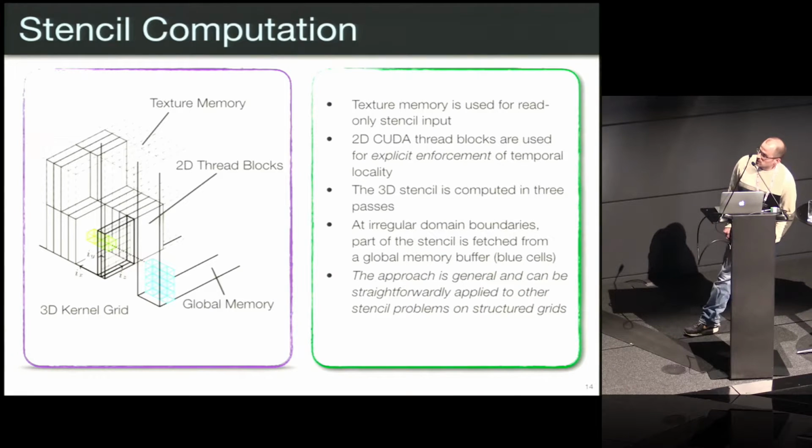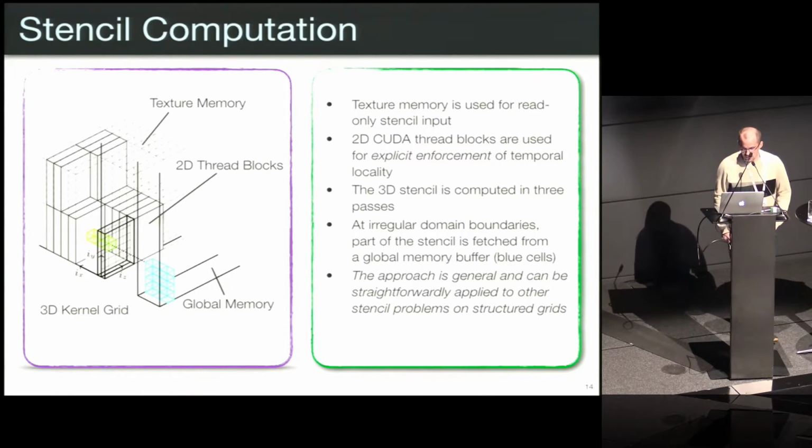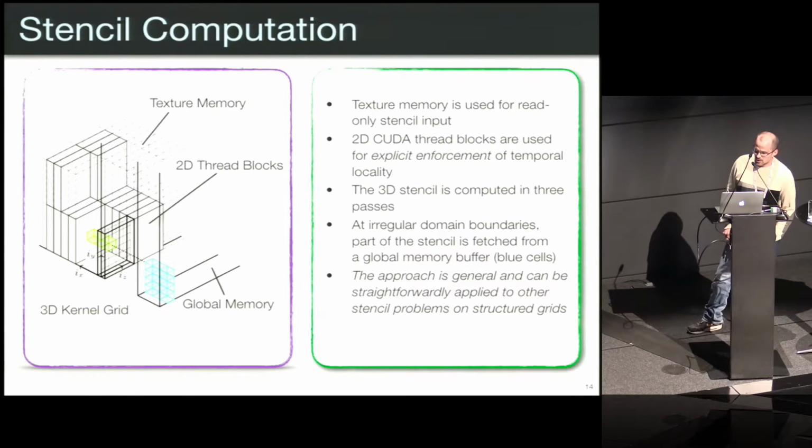In order to compute the 3D stencil, we apply a 3-pass scheme, and in each of the 3 passes, the 2D thread blocks are aligned in the normal direction of the traversal, which the figure here is shown for the x direction. And then at irregular domain boundaries, we obtain stencil data from global memory, which is shown by the blue cells here.